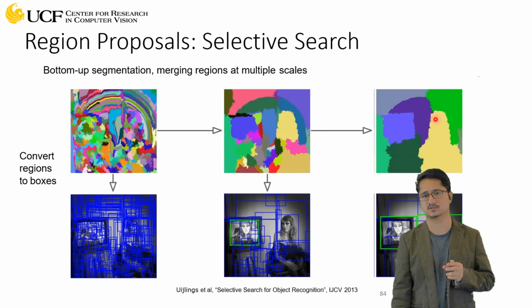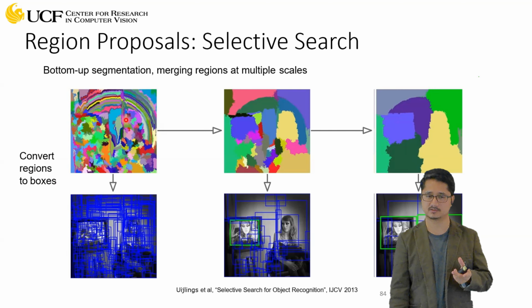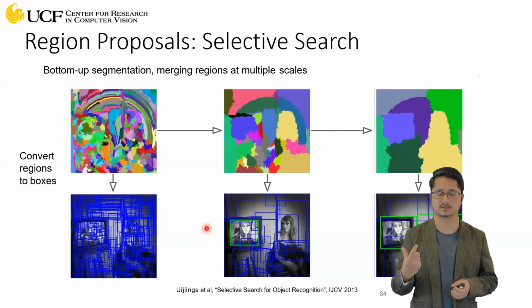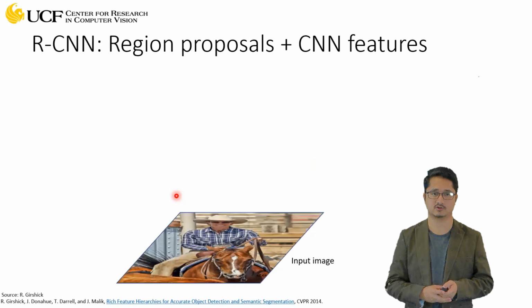Again, this is coarse level, and this is even coarser. And once you do that, then you can convert these regions, or you can say superpixels or segments, into these kind of proposals. So then what you have in the bottom, these are your region proposals, and you will only look at these possible locations. Okay, so this reduces the computational complexity a lot.